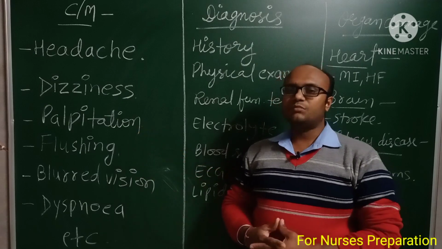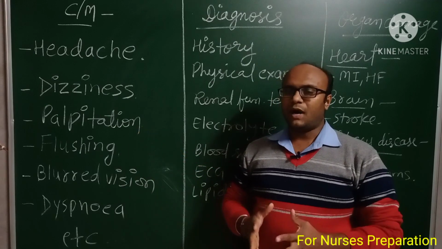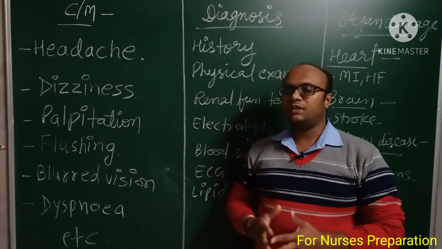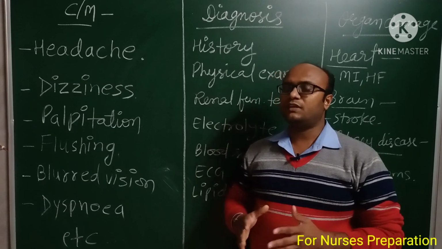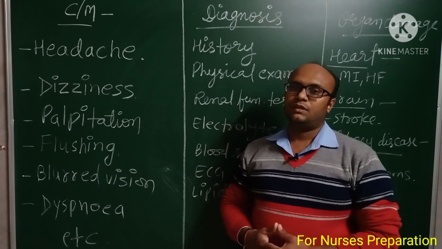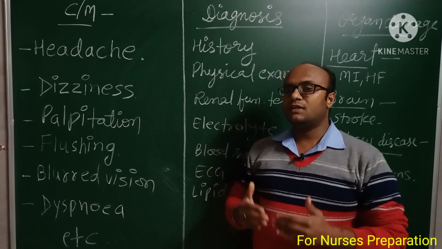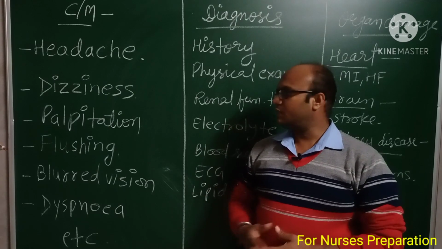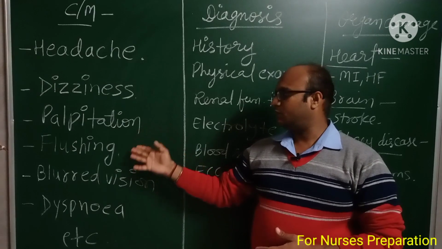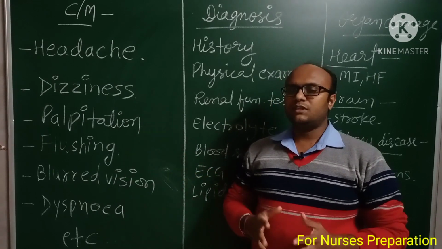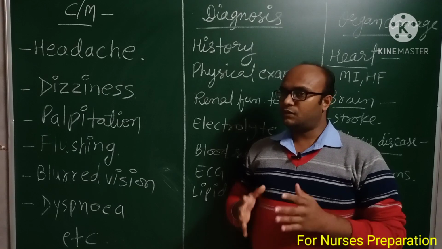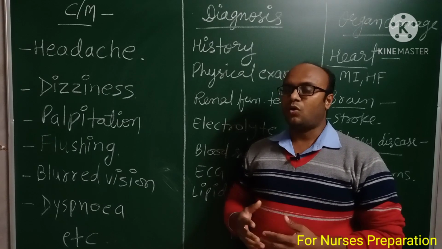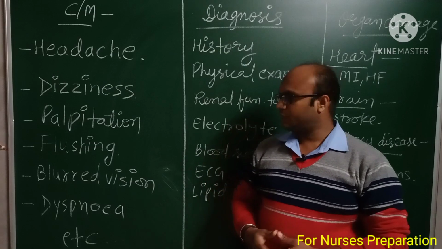Next important symptom is palpitation. Palpitation is a condition in which the heart beats irregularly and faster. The person can feel his heartbeats. This condition is known as palpitation. Flushing. Flushing means redness of the skin, especially in a hypertension patient on the face and neck region.